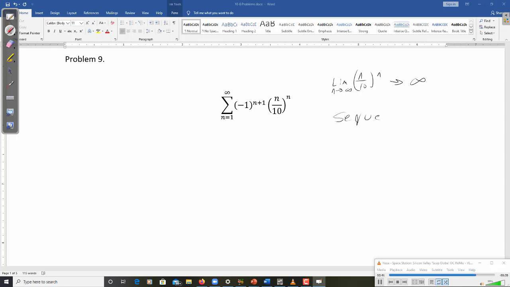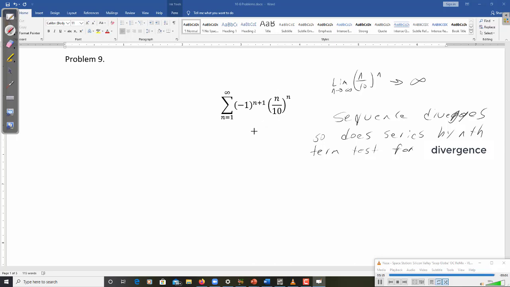Sequence diverges. Putting an alternating series on it isn't going to make it converge. The sequence diverges, so does the series by the nth term test for divergence. Remember that test says if your sequence of terms doesn't converge to 0, the series cannot converge.